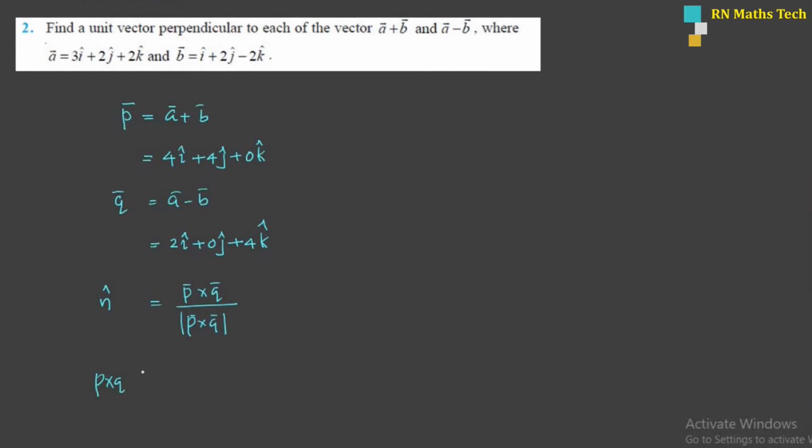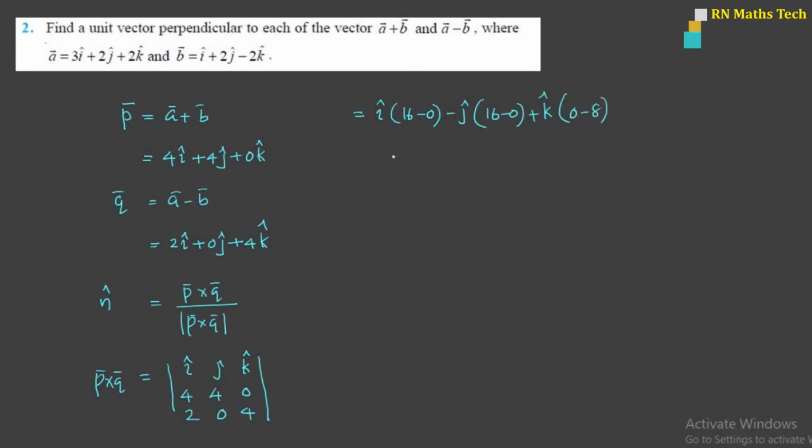P cross Q is equal to the determinant with first row i, j, k, second row 4, 4, 0, third row 2, 0, 4. Expanding, which is equal to i into (16 minus 0) minus j into (16 minus 0) plus k into (0 minus 8), that is 16i minus 16j minus 8k.